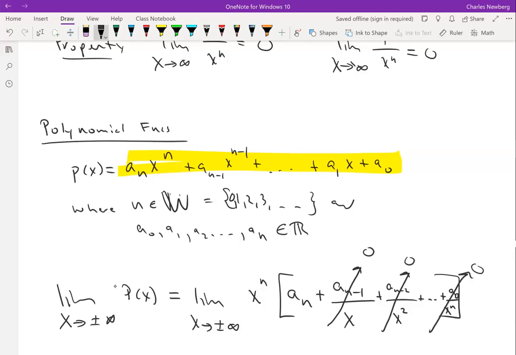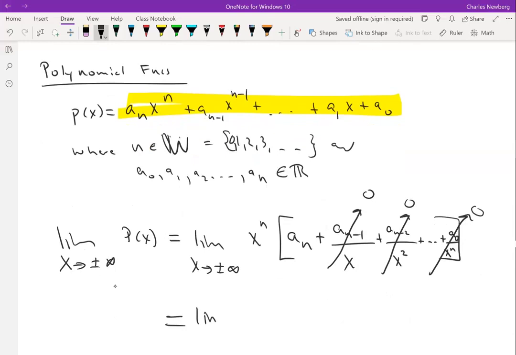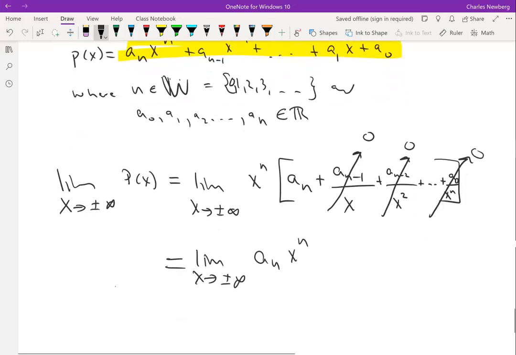All of those terms are going to 0. A sub n, that's a constant, times x to the n. So this becomes the limit as x goes to plus or minus infinity of a sub n x to the n. Well, what is that? That is the leading term of the polynomial.